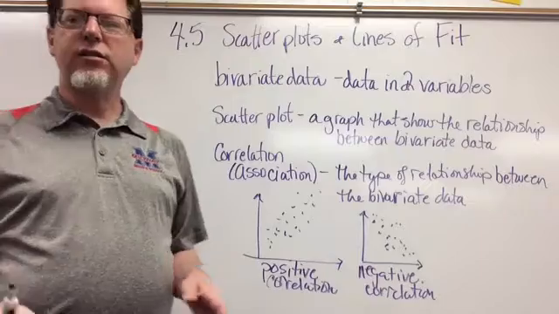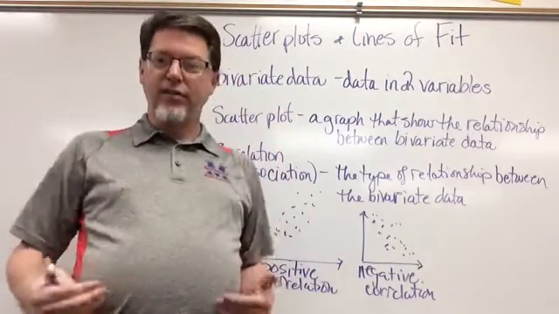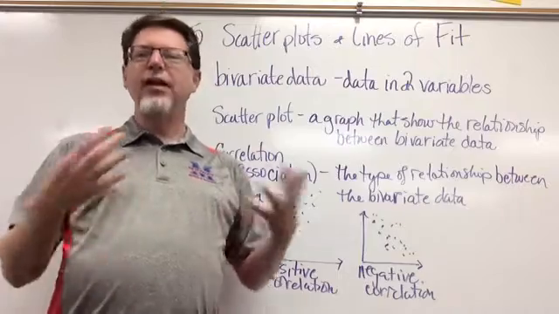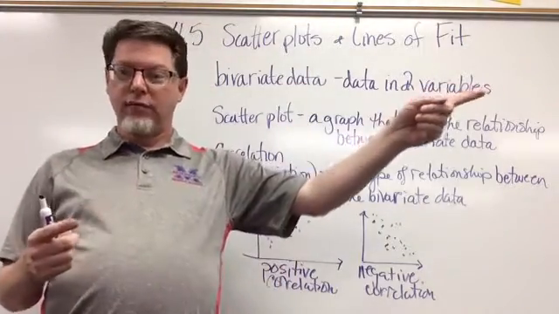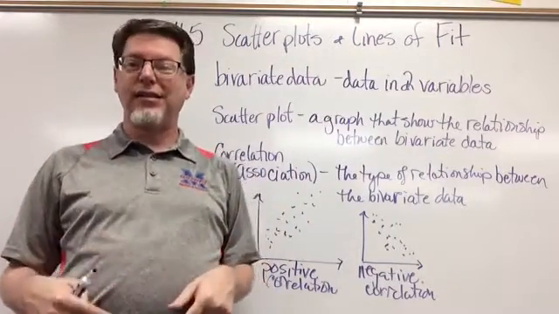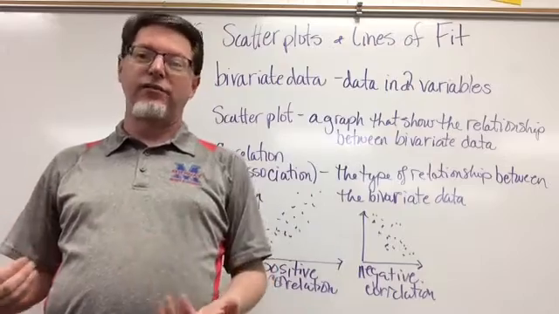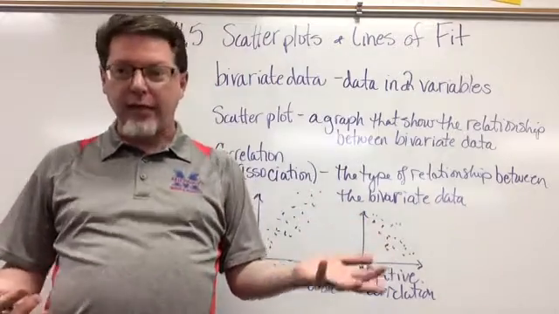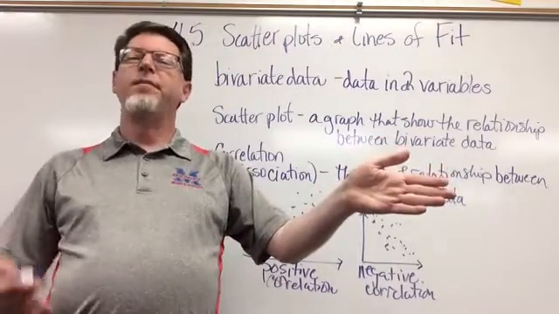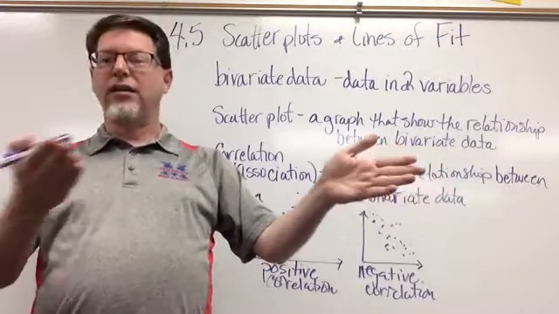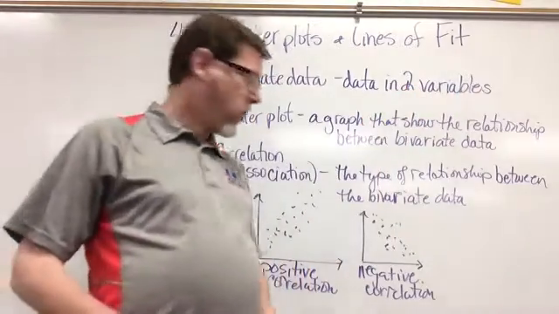A negative correlation means as x increases, y decreases. That could be something like the number of miles that you drive and the amount of gas in your gas tank. So the more that you drive, the less gas there is left in your tank. So we have to stop and get gas. That would be a negative correlation. Number of miles increasing, amount of gas left in your tank decreases, so that makes it a negative correlation.